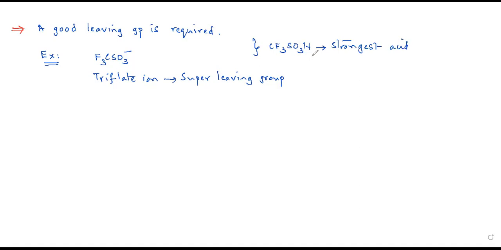Its conjugate base is CF3SO3 minus. And this conjugate base is weakest. Okay. So it is a super leaving group.